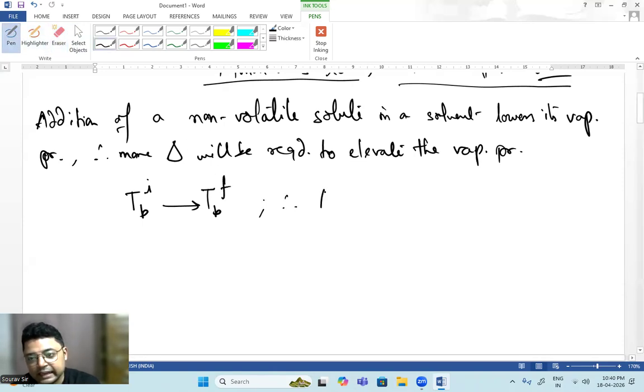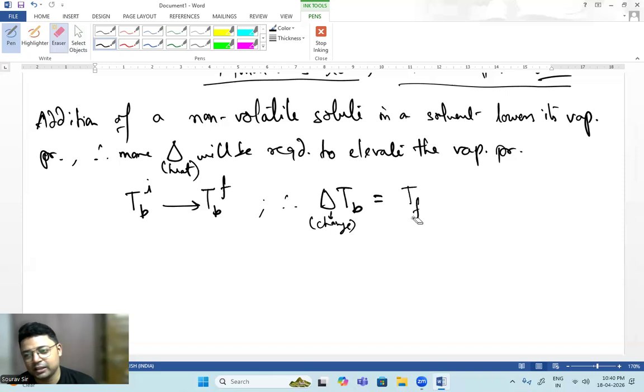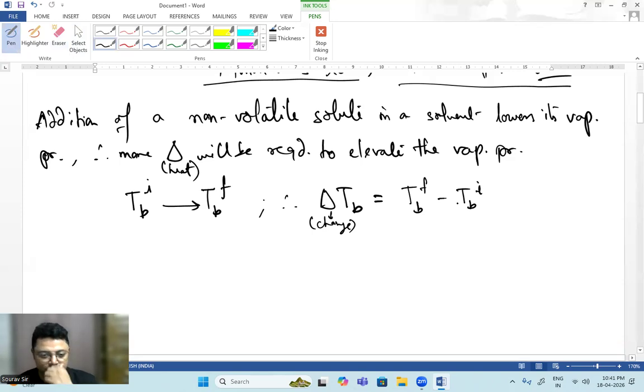Therefore, del TB means the change in boiling point. This del means change. The change in boiling point will be TBF minus TBI.